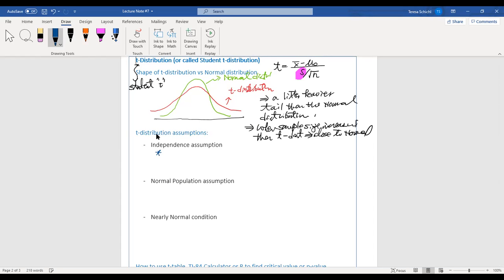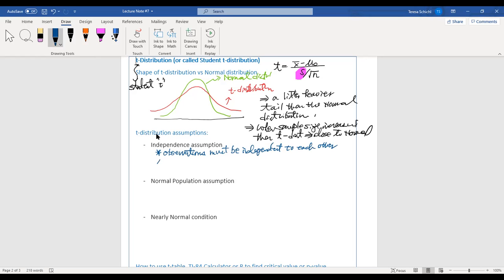The observations, whatever your samples are, must be independent of each other. When I take the observations, they don't have any relation; they must be independent.